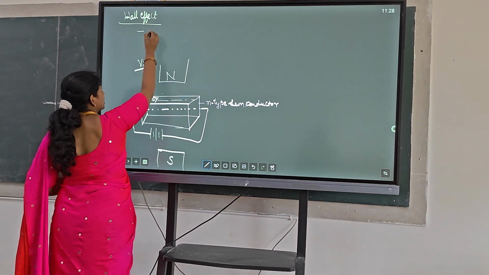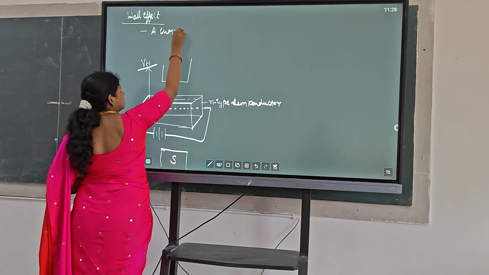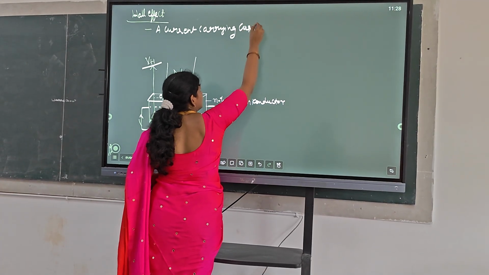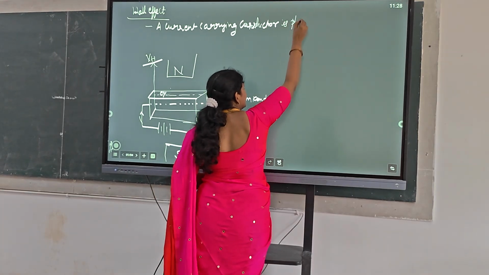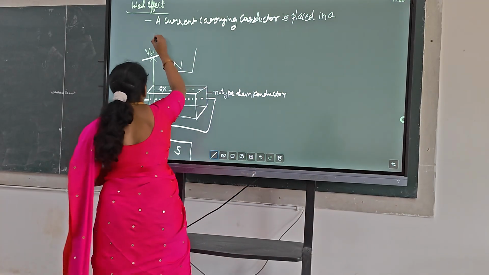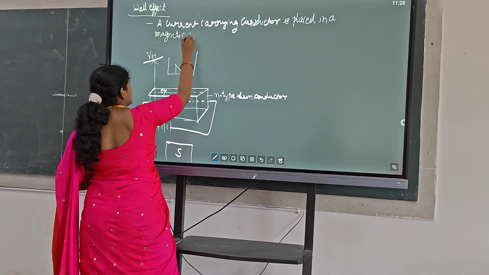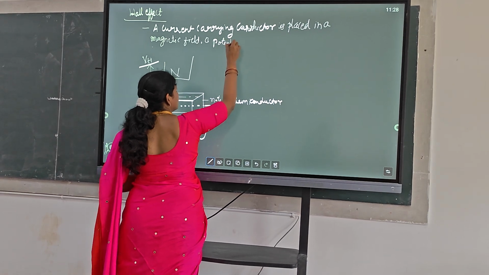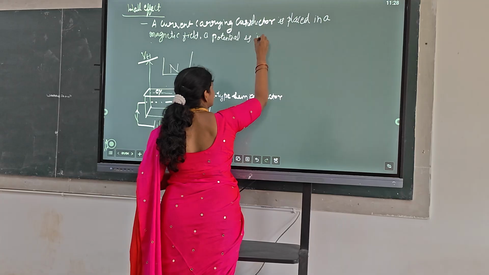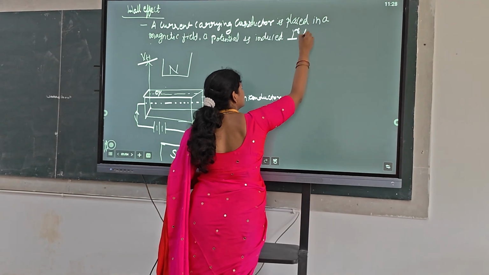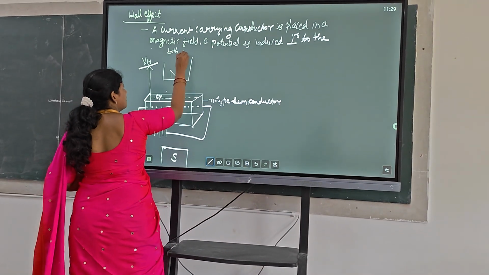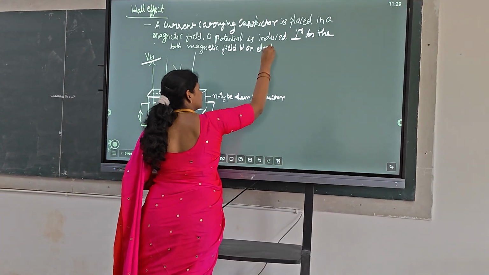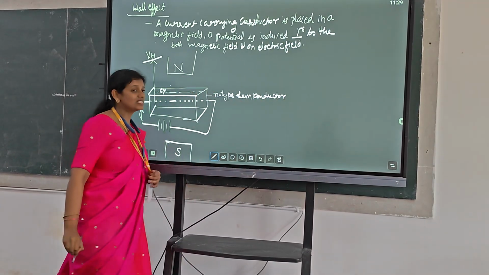So the definition you can say is: when a current carrying conductor is placed in a magnetic field, an electric potential is induced perpendicular to both the magnetic field and the electric field. So this is Hall effect.